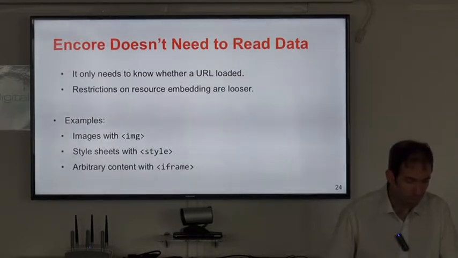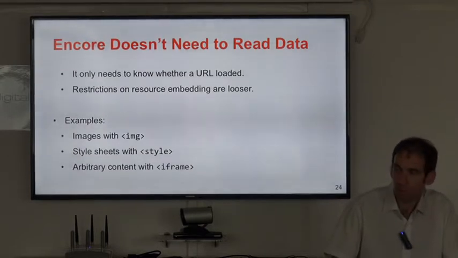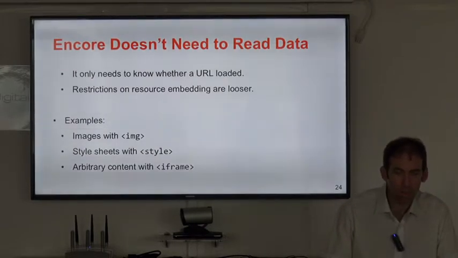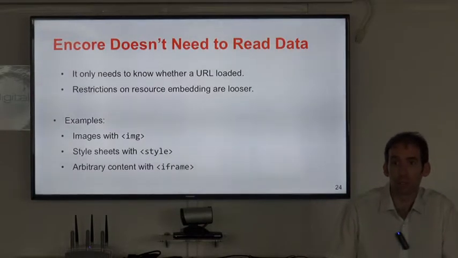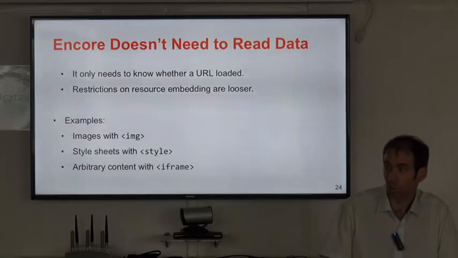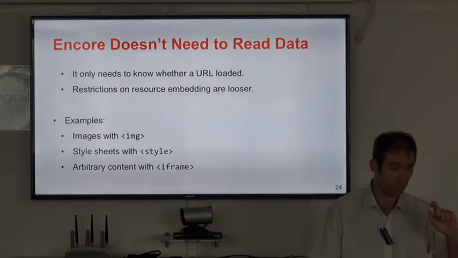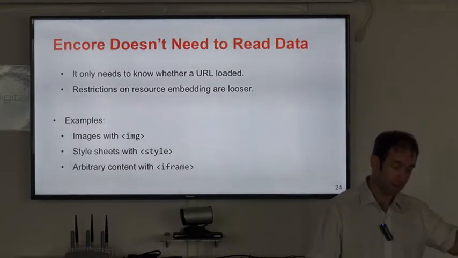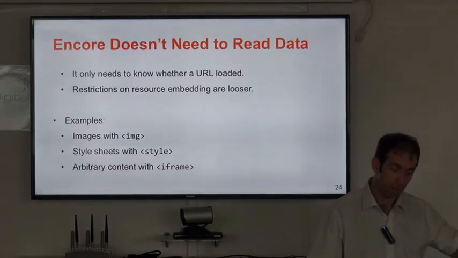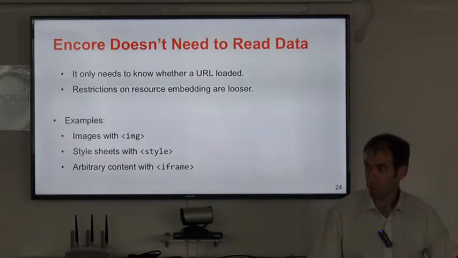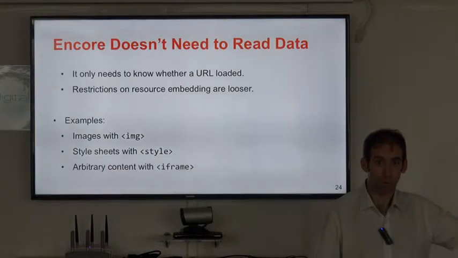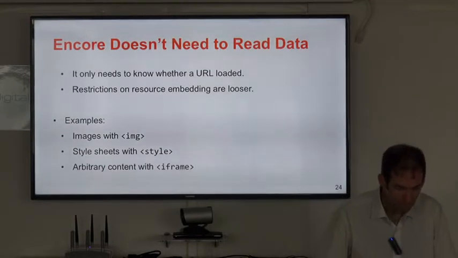So the image tags, the style sheet tags, iframes, etc., many of them have callbacks. For example, the image tag has an onload and an onerror directive, and you can use those. We can embed an image tag that triggers the cross-origin load, or a style sheet or an iframe.